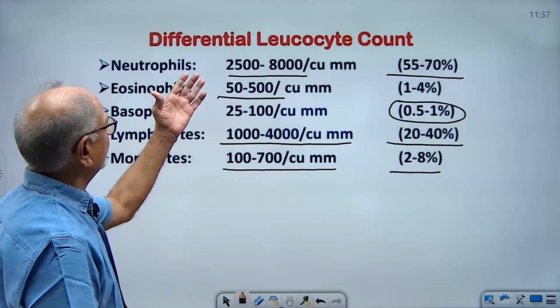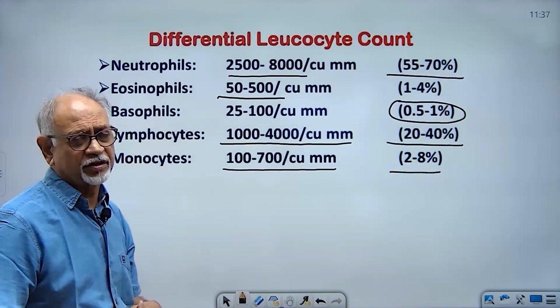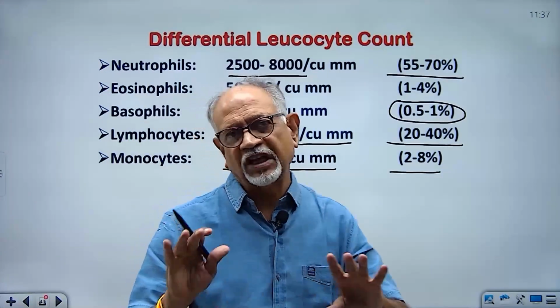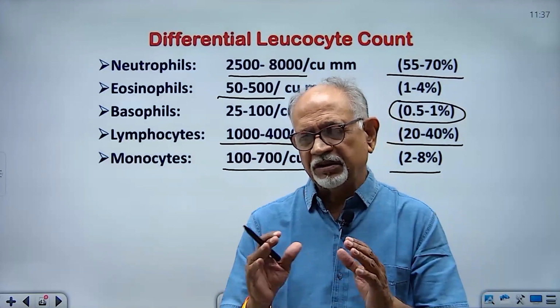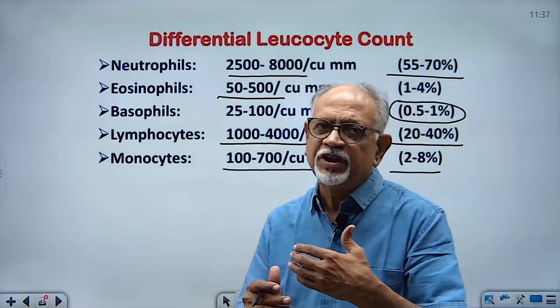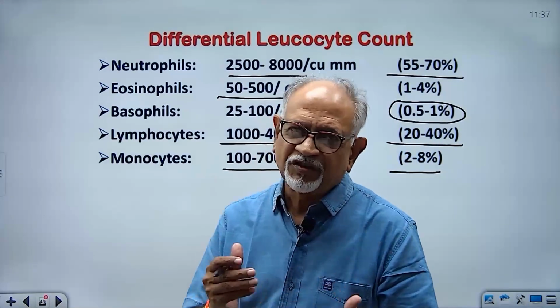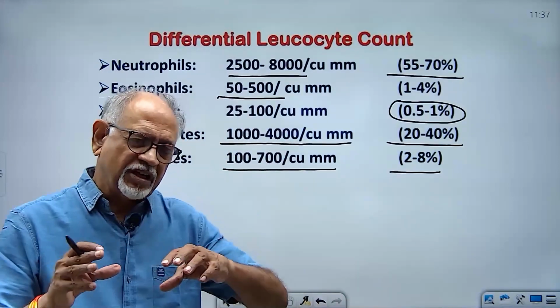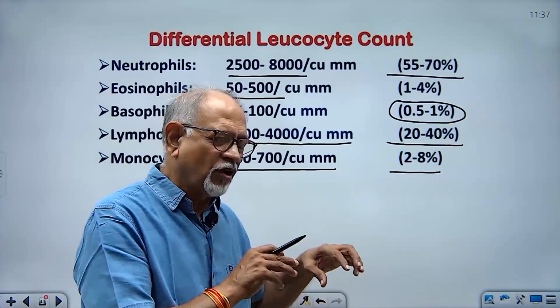Now, for this differential leukocyte count, a blood film is made on the slide and the smear is stained with differential stains. So, the different types of cells take different stains, as we have already seen.